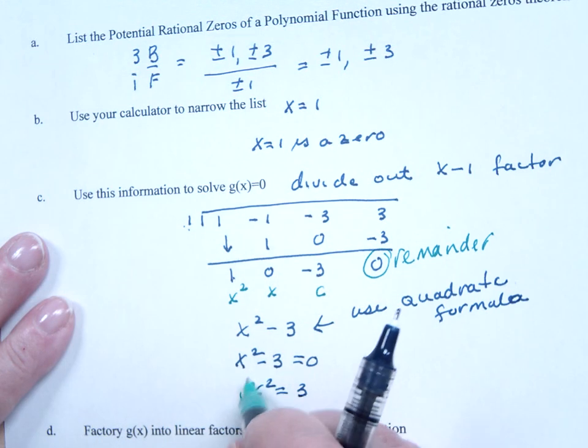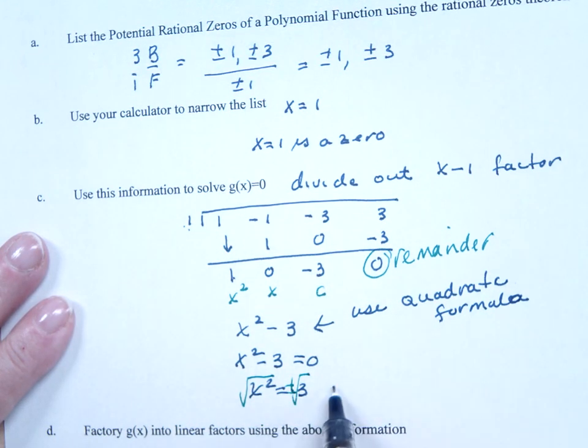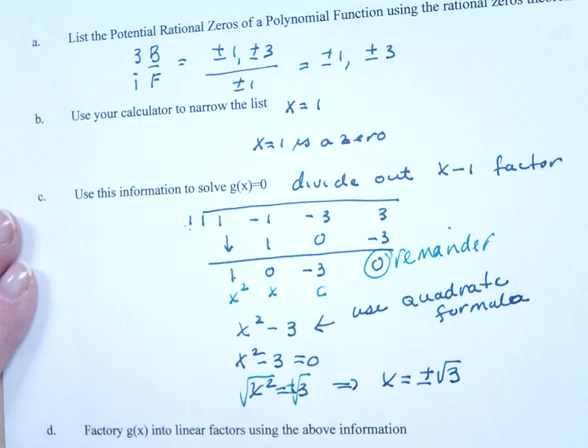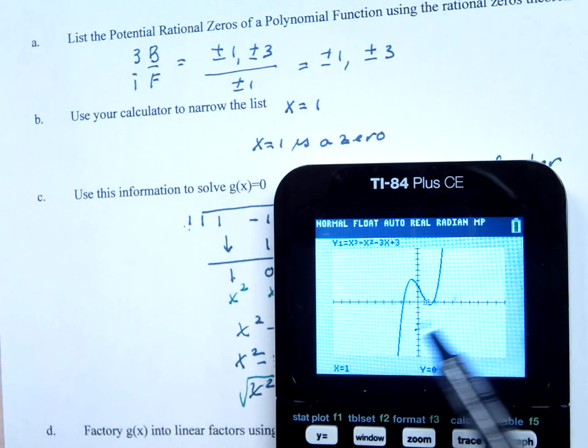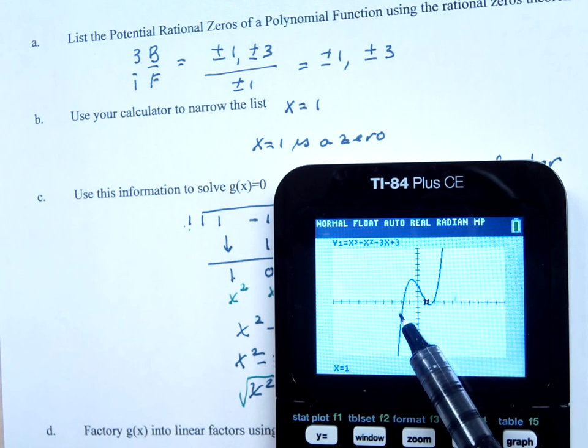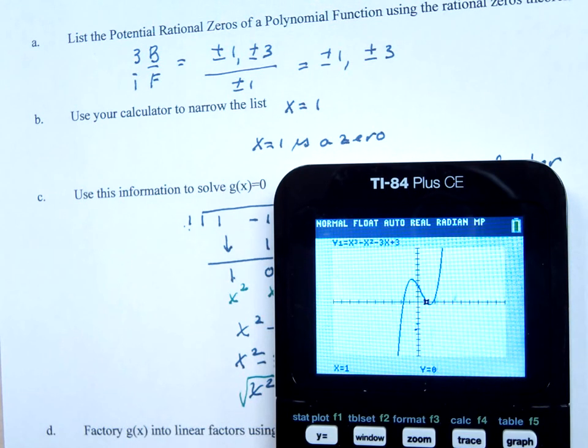Take the square root of both sides. Don't forget the plus or minus. So this is going to yield x equals plus or minus the square root of 3. So from my picture, this guy is minus the square root of 3, and this guy over here is plus the square root of 3.